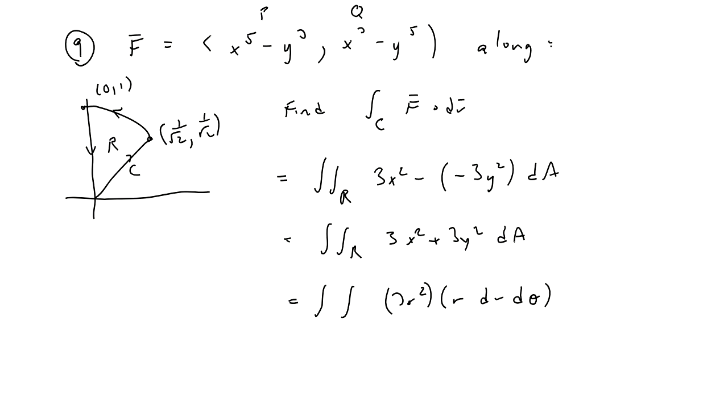R goes from, in the actual problem, they reminded you that it was a circle of radius 1. Here I just drew it, so it's 0 to 1. And theta goes from, what angle is this? Pretty obviously goes up to pi over 2, and pi over 4.